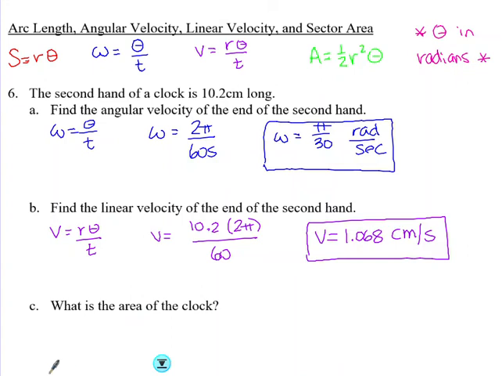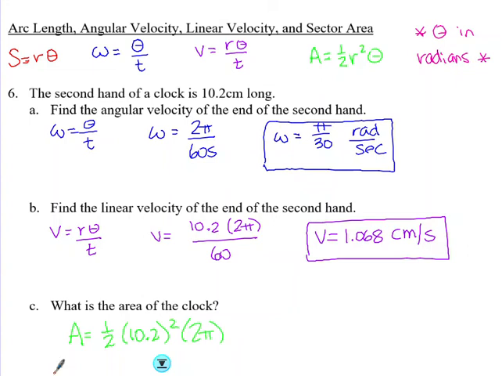The last thing we want to look at is the area of the clock. So we're going to use this green formula for sector area. So we have area equals 1/2 radius, which is 10.2 centimeters squared, times theta. We're trying to find the area of the whole clock, so that's 2 pi radians.